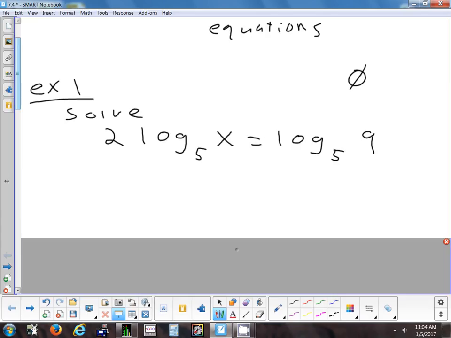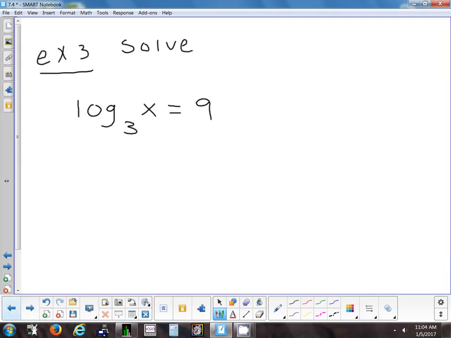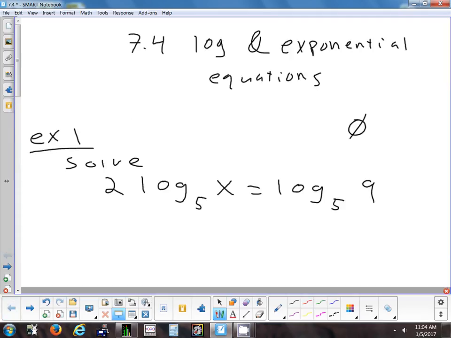Generally, you're going to want to change to exponential form when you only have the word log once. So if you had something a little simpler, more like this, you're going to want to change to exponential, because the word log is only there once. I'm not saying you can't do it, it's just not quite going to help us as much.